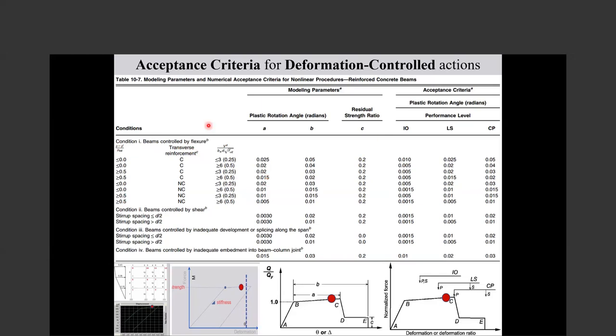But these tables give you, for any deficiency that the reinforced concrete beam has, what its effect is on the modeling and what its effect is on the acceptance criteria, summarized. A very powerful tool that you can model with.